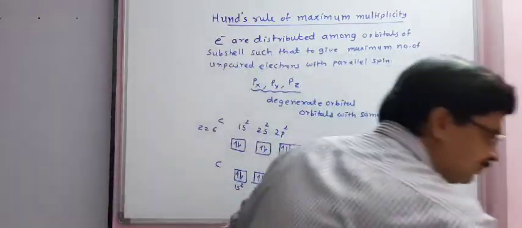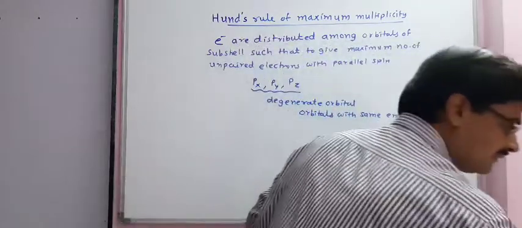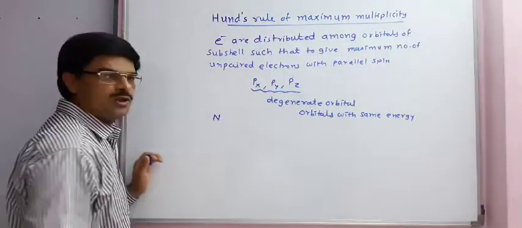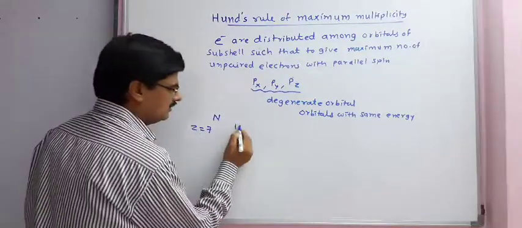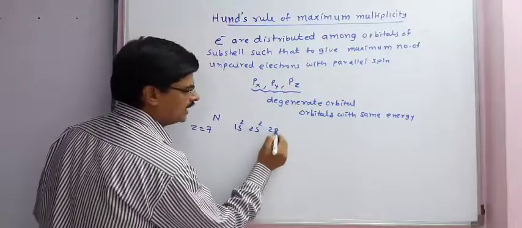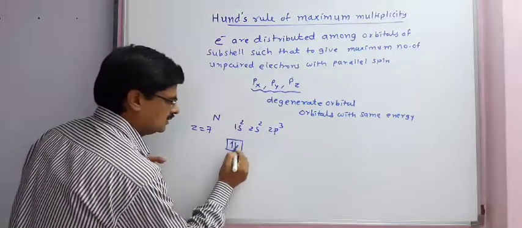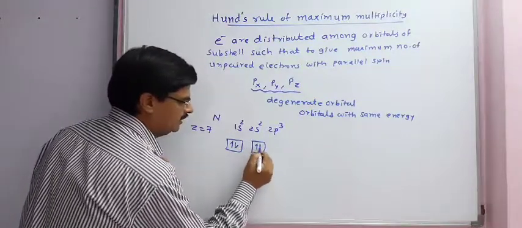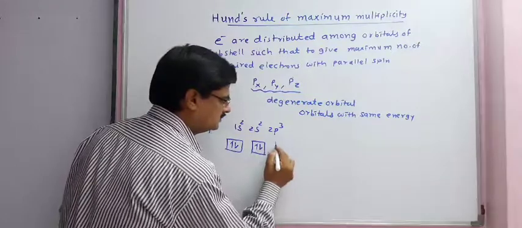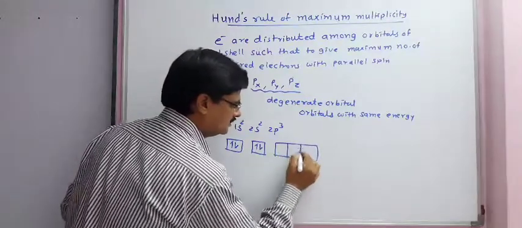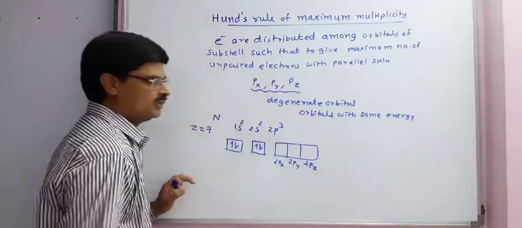Take another example of nitrogen. The electronic configuration of nitrogen, atomic number Z equal to 7, is 1s2, 2s2 and 2p3. 2 electrons of 1s orbital, 2 electrons of 2s orbital and 2px, 2py and 2pz orbitals.